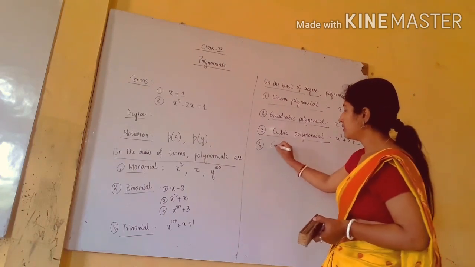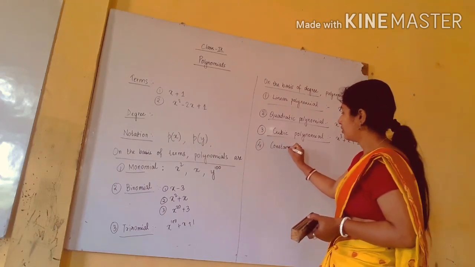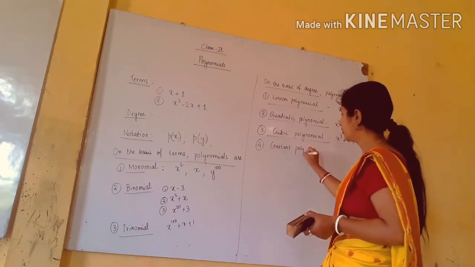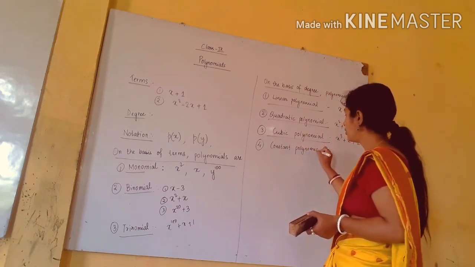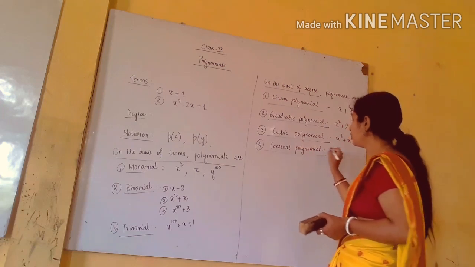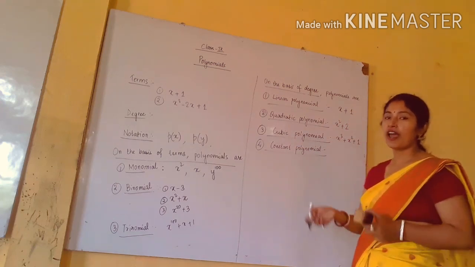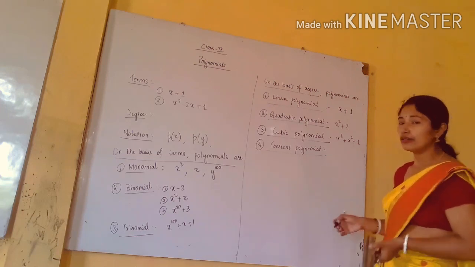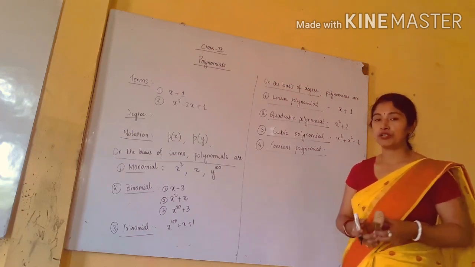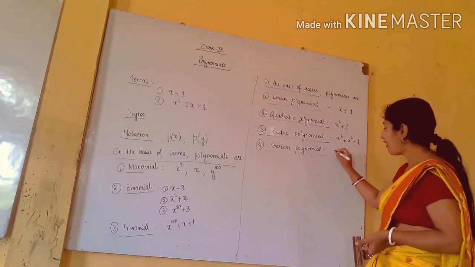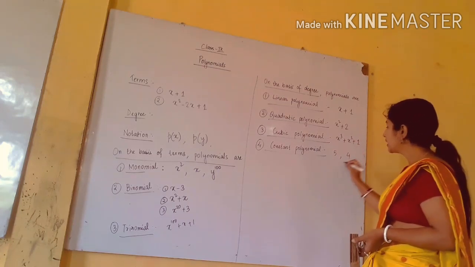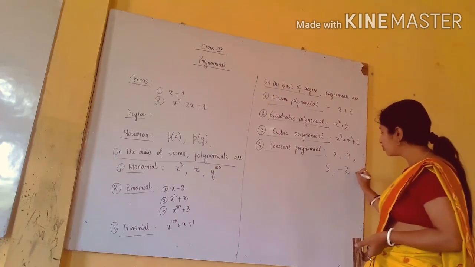Number 4 is constant polynomial. Constant polynomial means the polynomial having degree 0. So which polynomials have degree 0? The non-zero numbers. What are non-zero numbers? 5, 4, 3, minus 2.